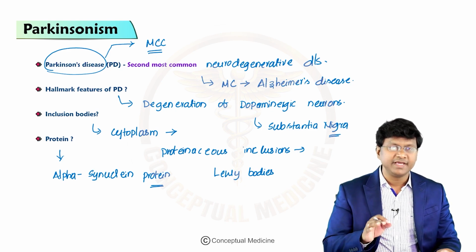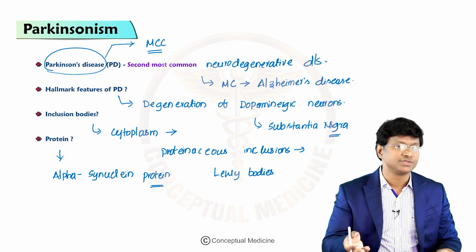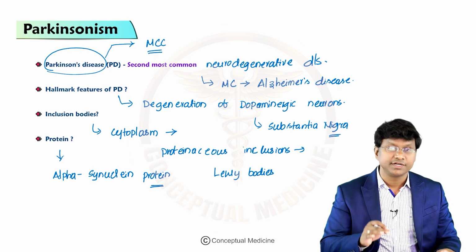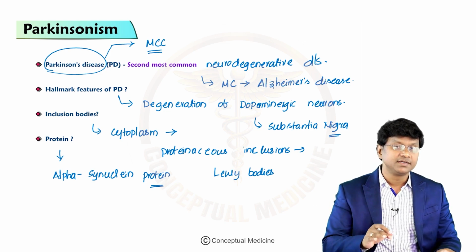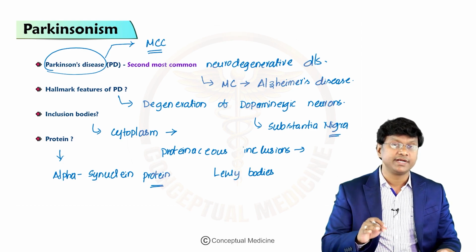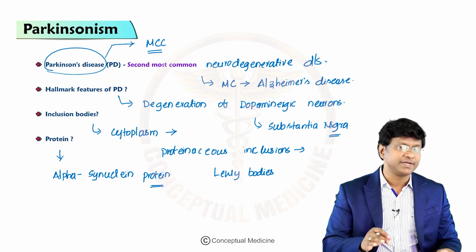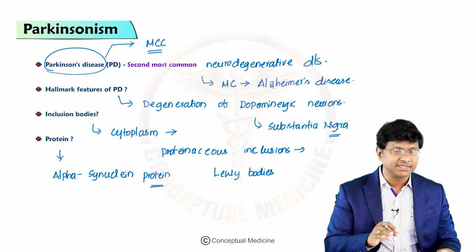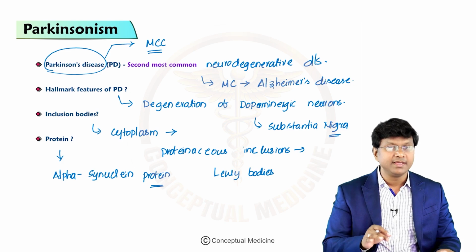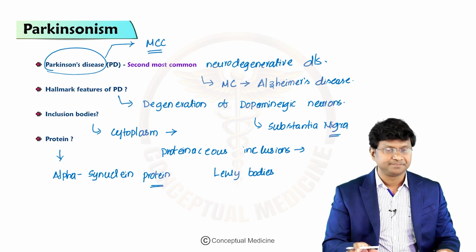The most common is Alzheimer's, but Parkinson's disease is the most common cause of Parkinsonism. The pathological hallmark in Parkinson's disease is degeneration of dopaminergic neurons in the substantia nigra pars compacta, with reduced striatal dopamine, and intracytoplasmic proteinaceous inclusions known as Lewy bodies, and the protein within the Lewy body is alpha-synuclein.